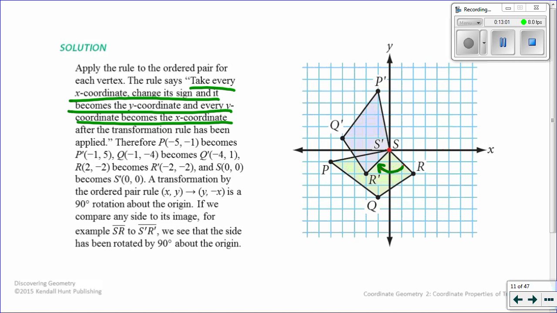So when you see those values flipping around, when the x and y are in the opposite positions, that becomes a rotation rather than a reflection. When you see a rule like this, they could look a little bit different, but that's going to be a rotation, right? I think we're going to stop there, and we'll do the rest of the examples in class.